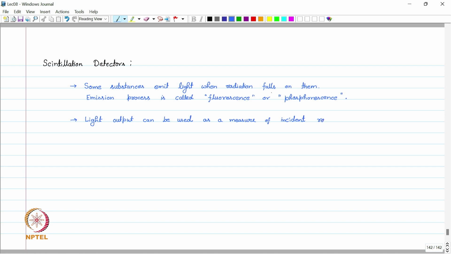This is the basic principle of these scintillation detectors.